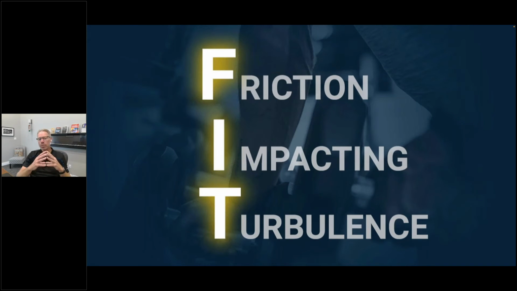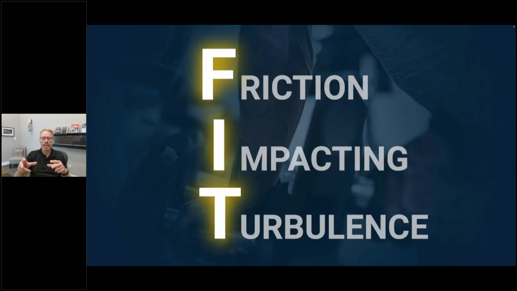So when we're faced with a decision about whether ultrasound is the suitable or the best technology to find a certain failure mode, ask yourself, is it a fit? If the defect produces friction, it's a fit. If it produces impacting, it's a fit. If it generates turbulence or turbulent flow, it's also a perfect fit for ultrasound testing.